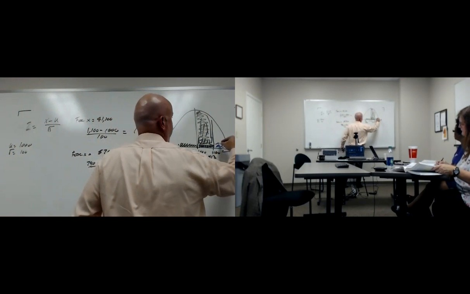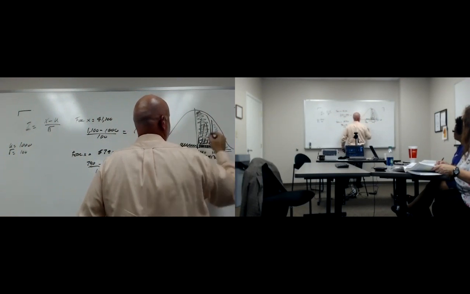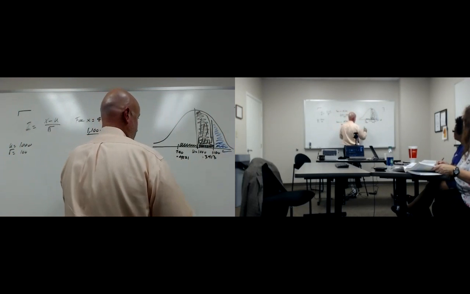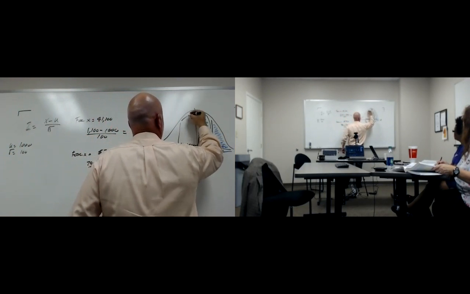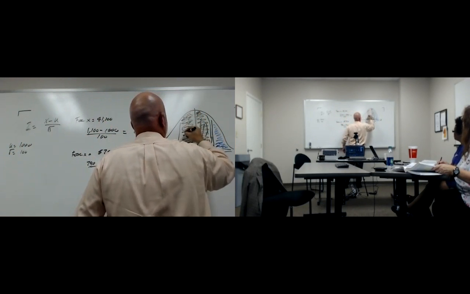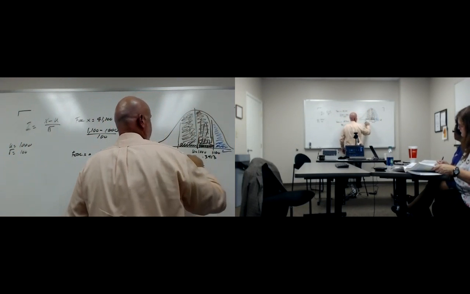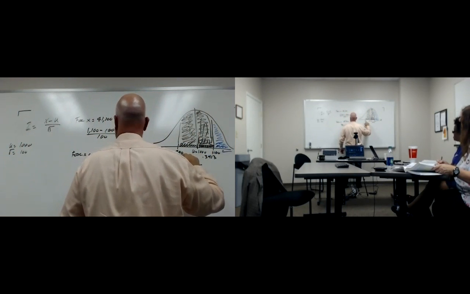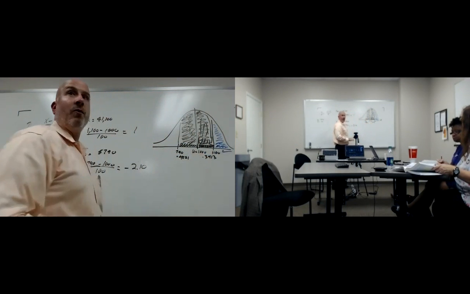And for the other, our probability is 0.4821, 48%, that I would select a foreman whose income was between $790 and $1,000.